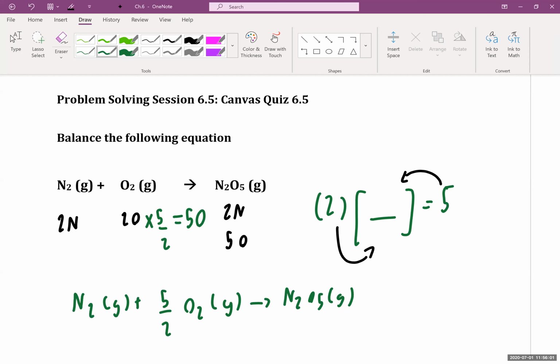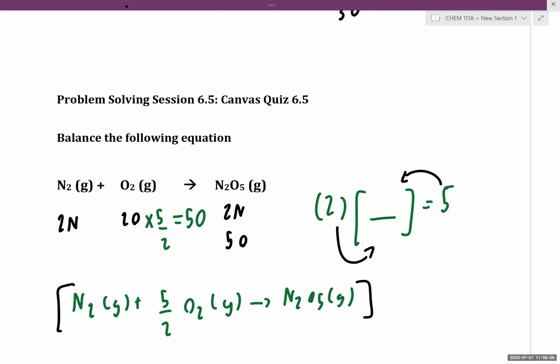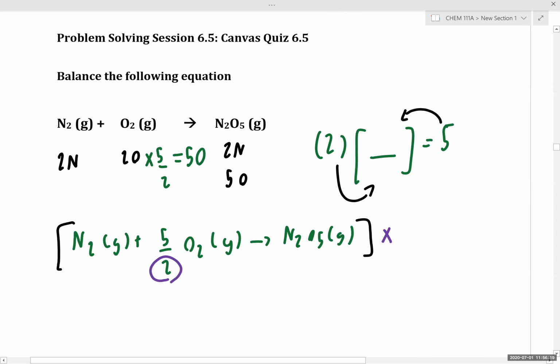And now what we're going to do is multiply all of our coefficients by a whole number. What is the common whole number in our denominator? What should we multiply all of our coefficients by to get rid of this fraction, to get a true balanced equation with whole number coefficients?